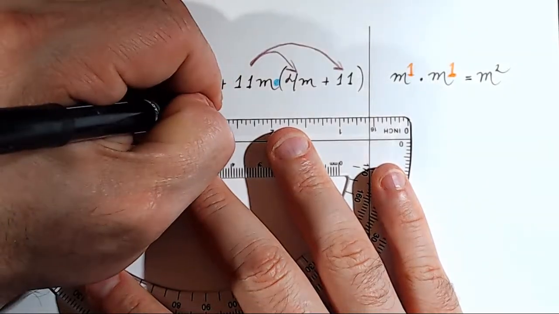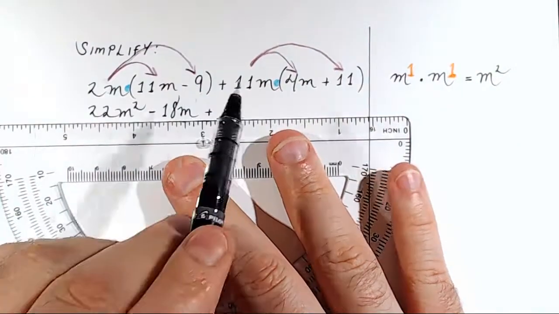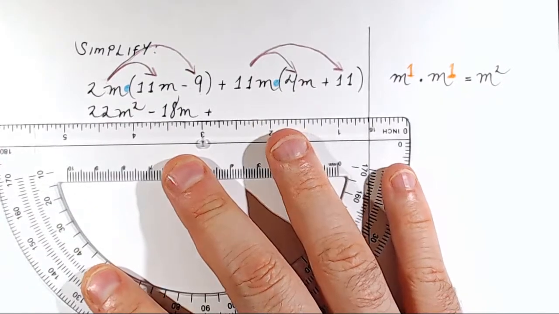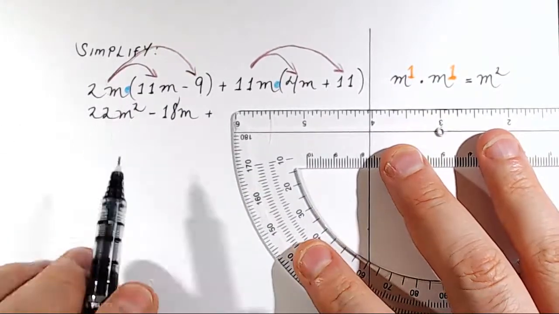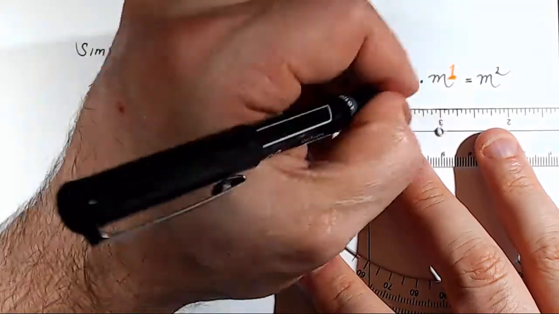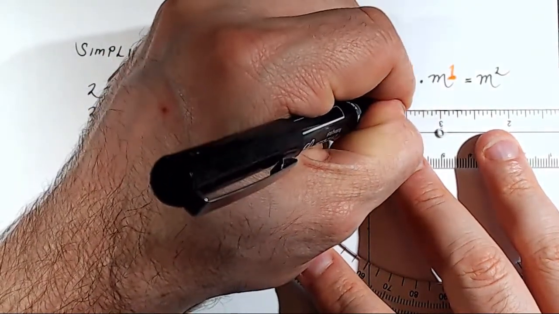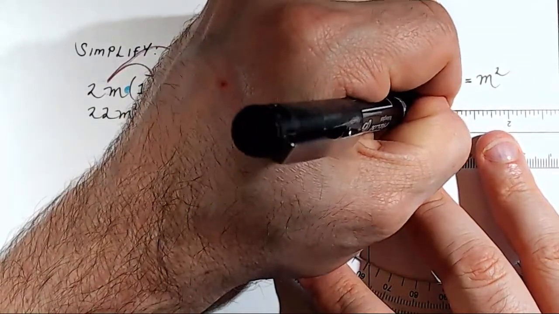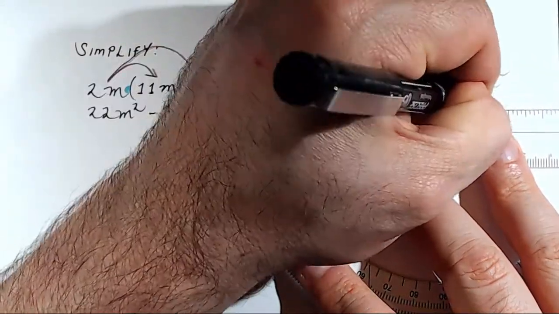Now, plus 11m times 4m. Let's do that off to the side just in case this bit confuses you. 11m times 4m equals.